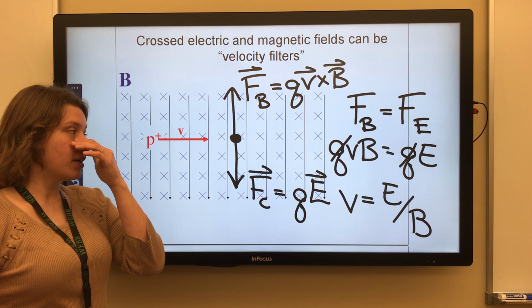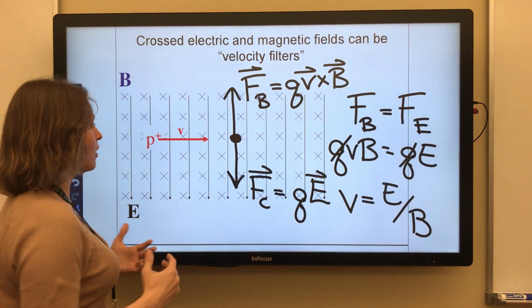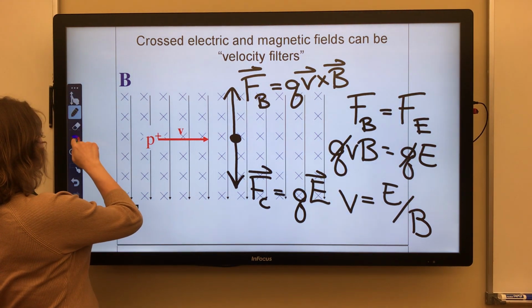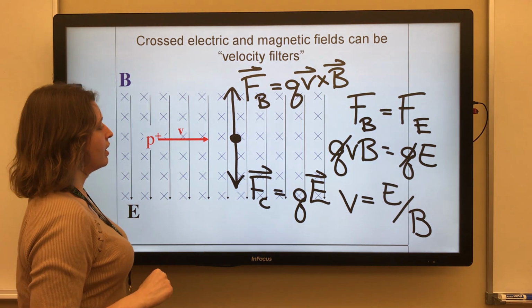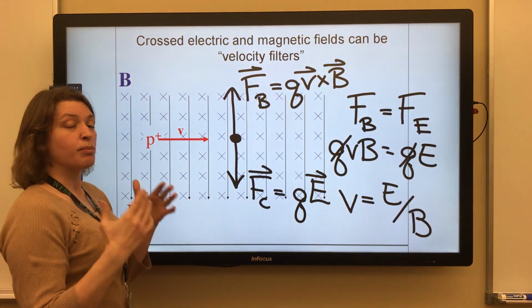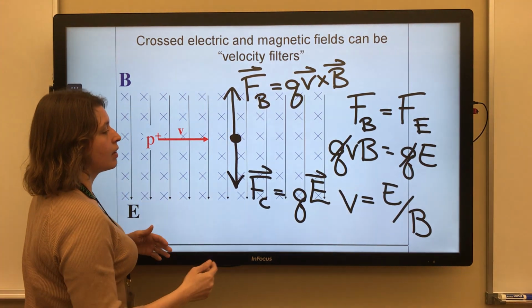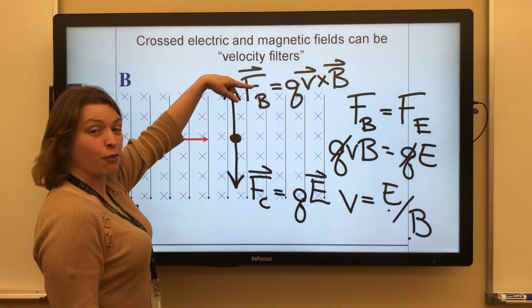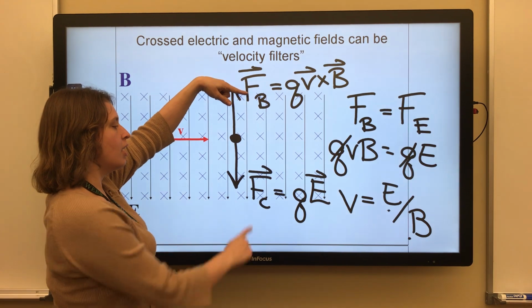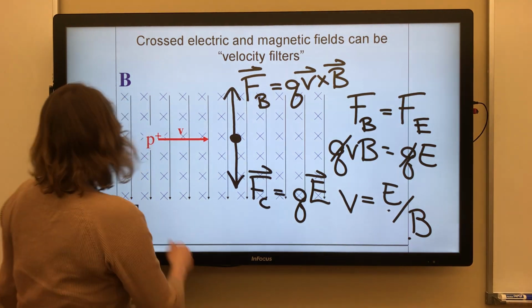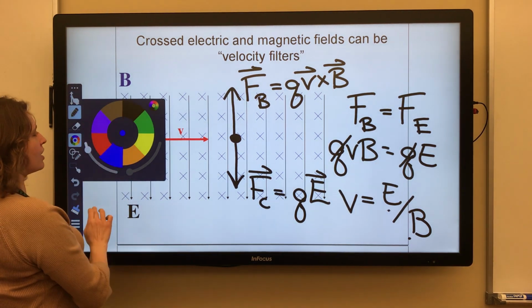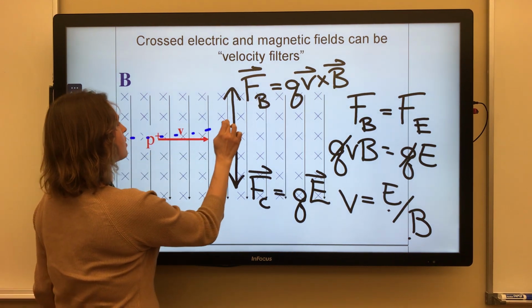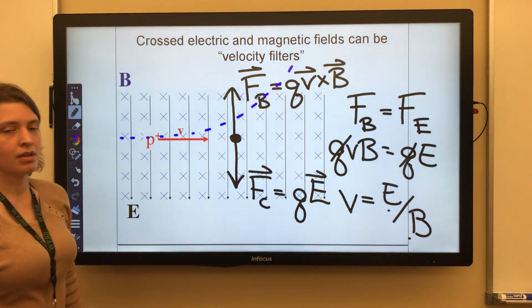Now you might wonder, what happens if our velocity is just a little bit too big? If our velocity is just a little bit bigger than this E over B ratio, then the magnetic force is stronger on this particle, but the Coulomb force is unchanged. So particles that go through this velocity filter too fast tend to curve upward.